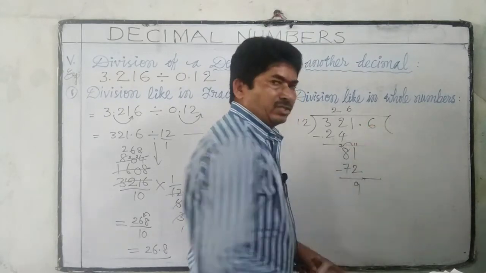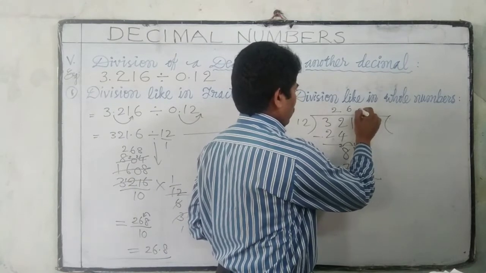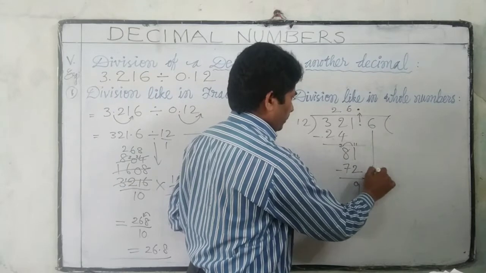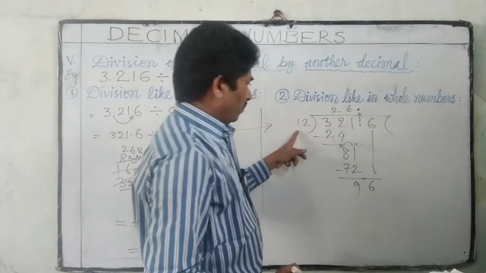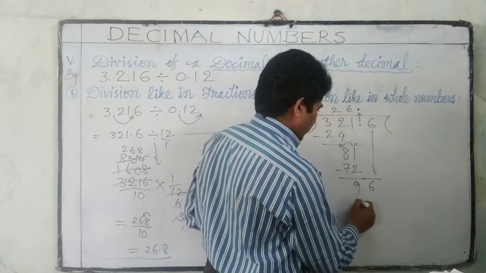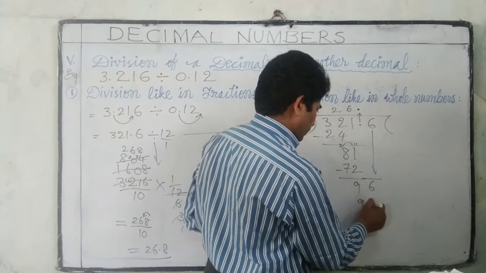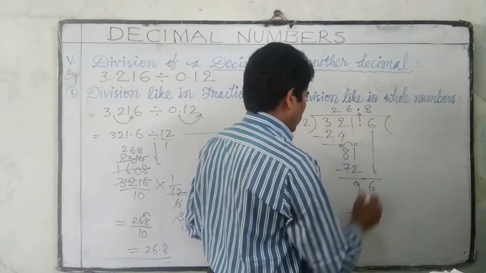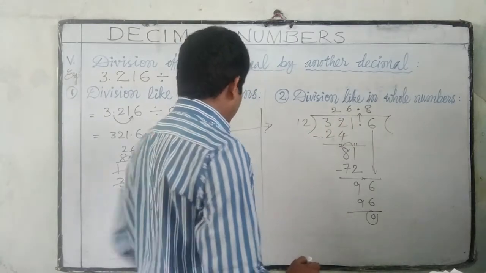Before bringing down the tenth digit, we have to keep the decimal point in the quotient. We know this already. So now bring down the tenth digit. 12 eights are 96. 12 eights are 96. 26.8.